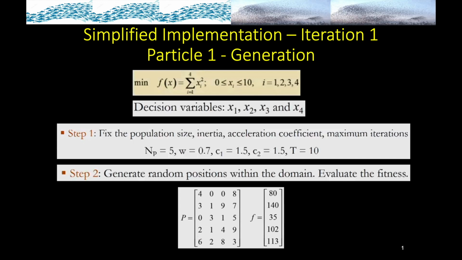In the second step, we'll generate random positions within the domain and then evaluate the fitness as well. So the initial population is generated using random numbers and random positions. These positions have to be between 0 and 10.